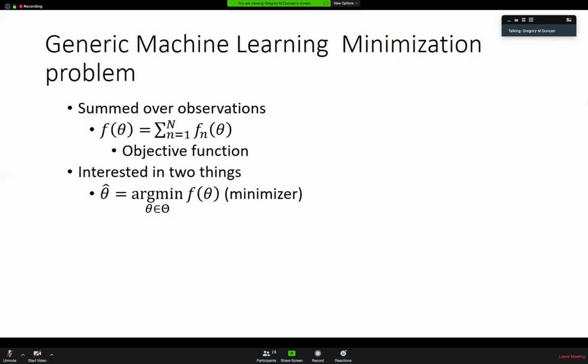We're interested in two things. We're interested in the argmin of f theta. That is, we're interested in the theta that minimizes that, and that will be called the maximum likelihood estimator. And we're going to be interested in the minimum itself. That is, once we get theta hat, we plug it into f, and that gives us the minimum value of the negative log likelihood.